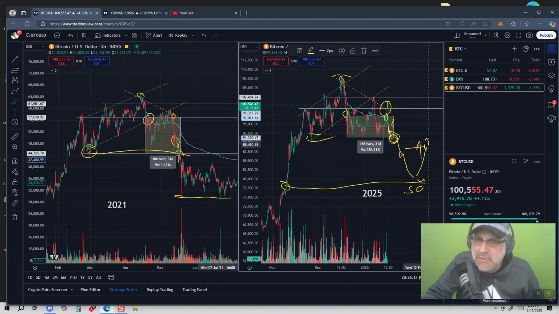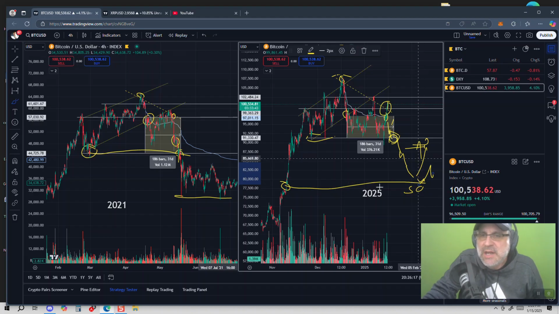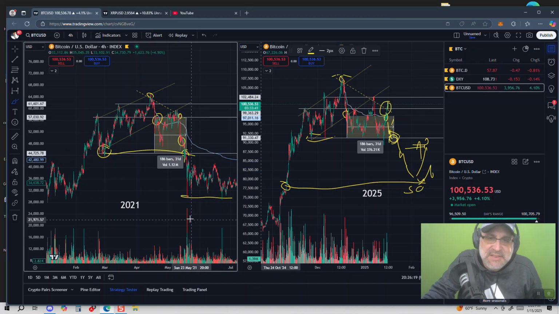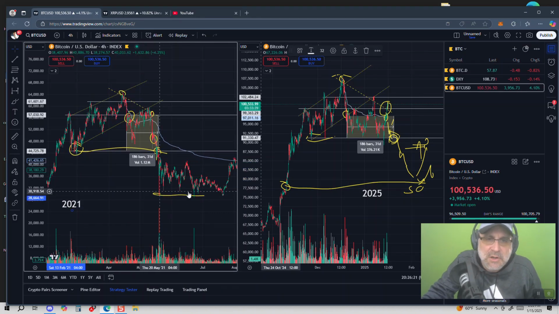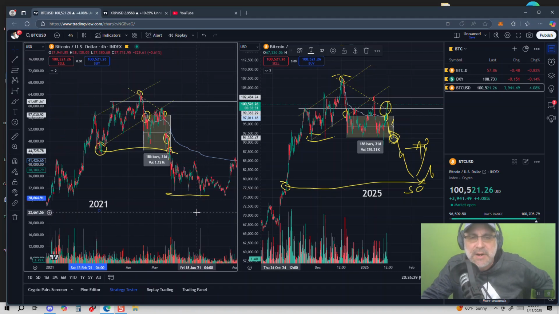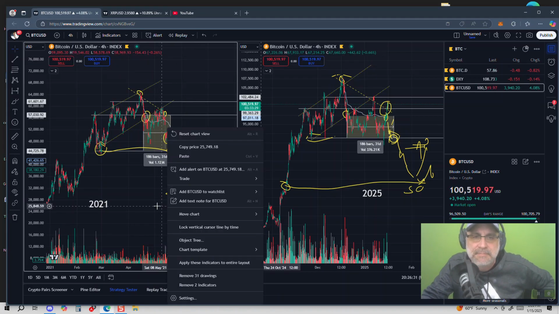Everything's the inversion of what we looked at here, and start a new range. And if it plays out anything like 2021, a new consolidation range with an absorption campaign, Bitcoin being reabsorbed by the market maker in preparation of a subsequent markup.